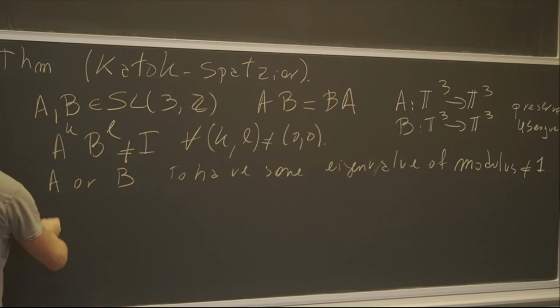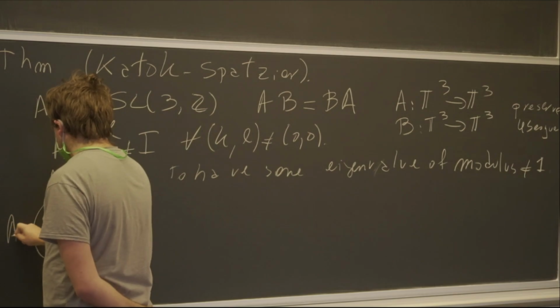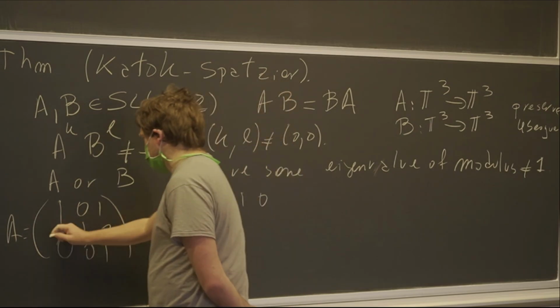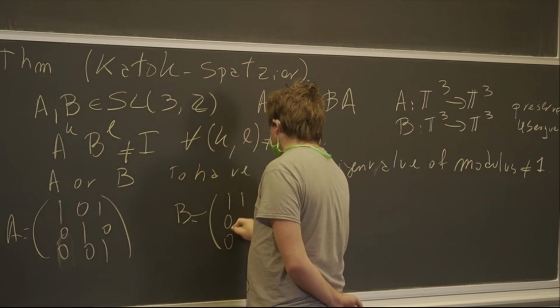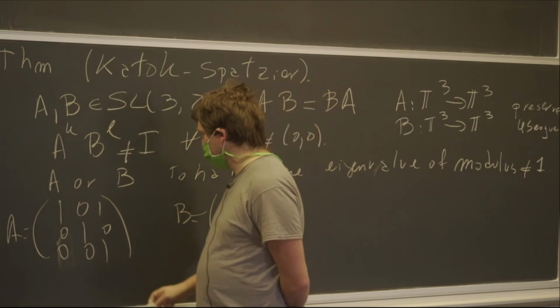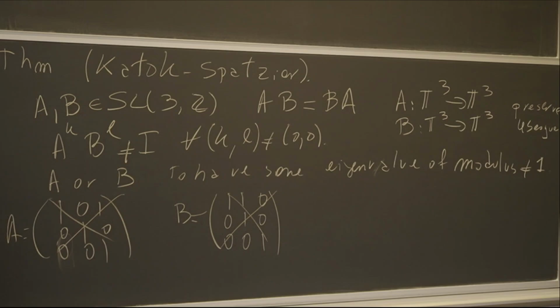So I don't want the following matrix. I don't want these two matrices, okay? So these two matrices would commute, don't have a common power, and are not good for my business. So even though the theorem is very close to being true also for these two matrices, it's a completely different phenomenon than the one we are going to discuss here.